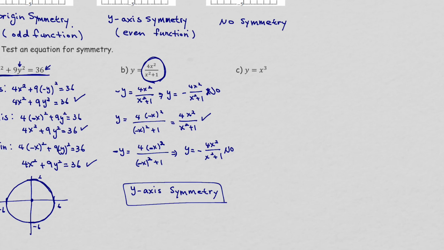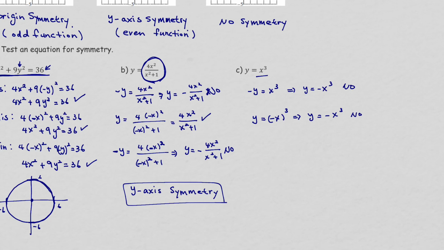Let's try one more. I will try x-axis symmetry first, so letting y equal negative y. And then this will give you y equals negative x cubed, which is not the same. It should be positive x cubed, right? So that's no x-axis symmetry. Y-axis: still it will be y equals negative x cubed, because you're multiplying three times, it will still be negative, right?